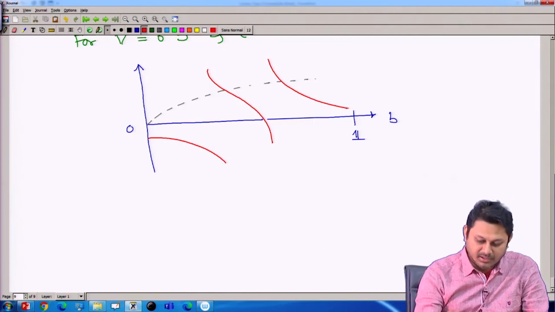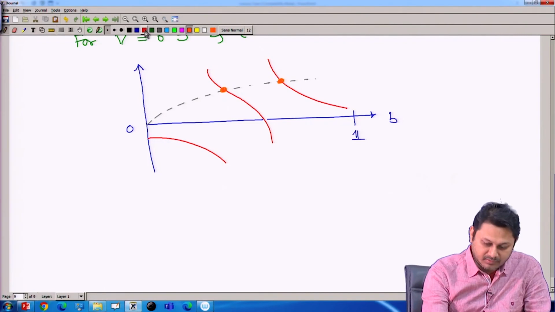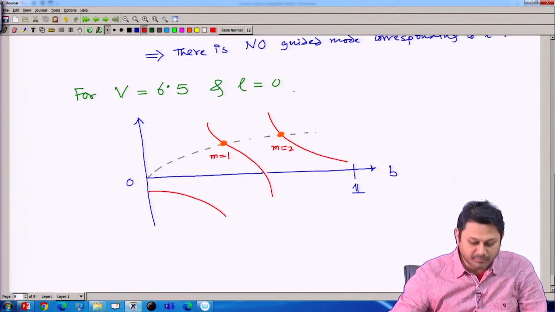Here interestingly one can find that I am having two solutions, here one and here another. So this solution I can write is for m equal to 1 and this is for m equal to 2, and this is for L equal to 0 that I am plotting.